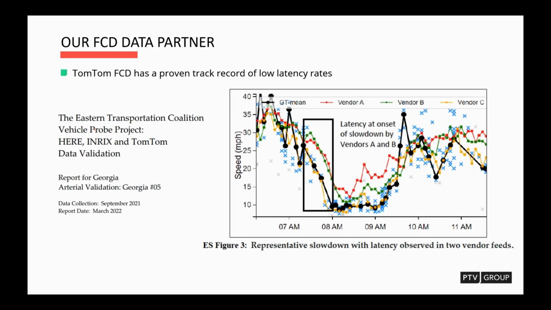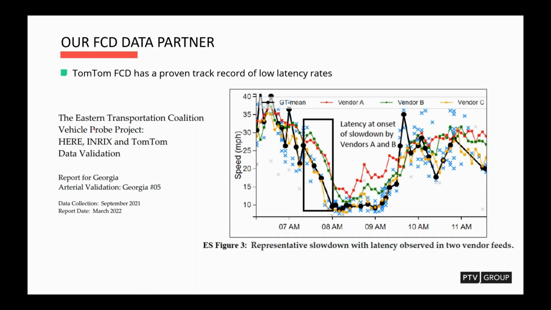I mentioned latency, and when selecting our floating car data provider partner for PTV Flows, we needed some really solid evidence that TomTom could stand that trial. So we got that.